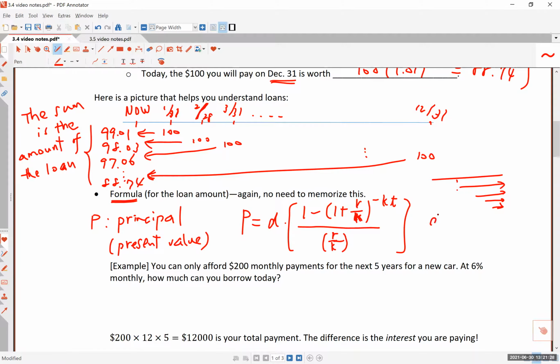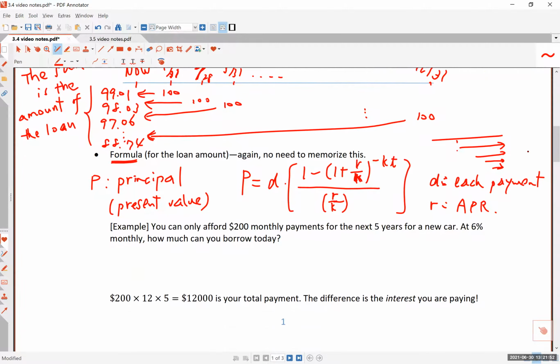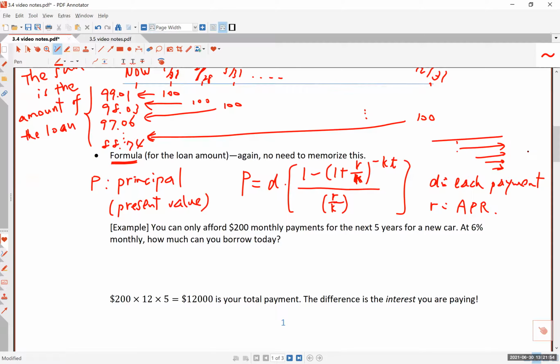And this is a formula for calculating how much money you can borrow today, capital P, the principal or the present value. d is, of course, the amount of each payment. That's assumed to be equal for each period. And r is your APR. Okay, and this principle and this formula applies whether it's credit card loans or student loans or car loans, auto loans, or your home loans, which are called mortgages.